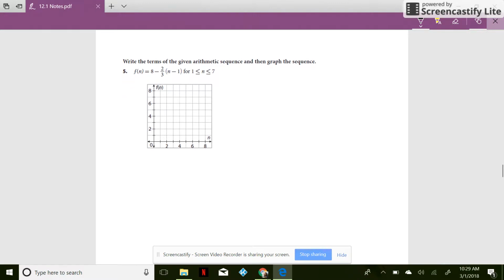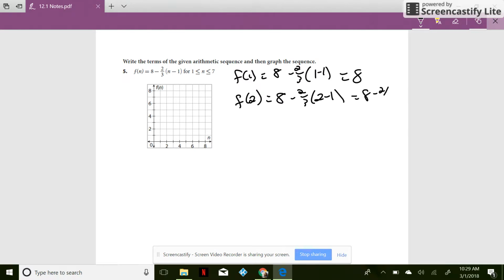Number 5. So we're given values of n from 1 to 7. So f of 1 is equal to 8 minus 2/3 of (1 minus 1). So that's 8 minus 0, which is just 8. F of 2, take 8 minus 2/3 times (2 minus 1). Well, that's 8 minus 2/3, which should be 7 1/3.